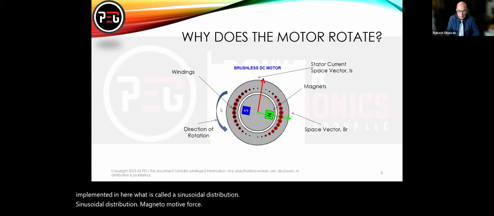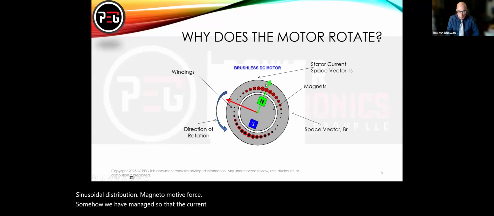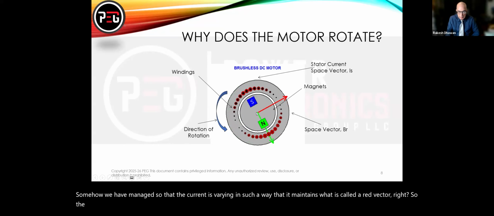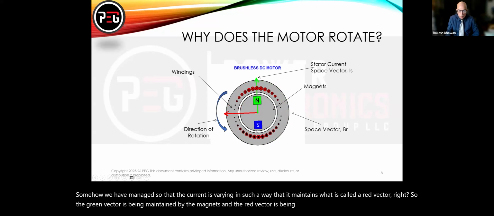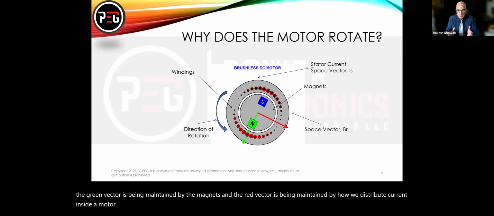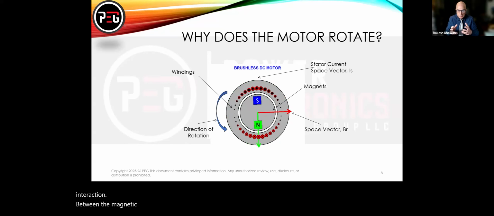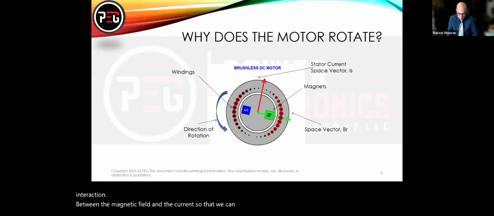Somehow we have managed so that the current varies in such a way that it maintains what is called the red vector. The green vector is maintained by the magnets, and the red vector is maintained by how we distribute current inside a motor, right? That's the ingenuity of our invention: we are able to figure out how to distribute current and how to have this interaction between the magnetic field and the current so that we can have a rotating motion.